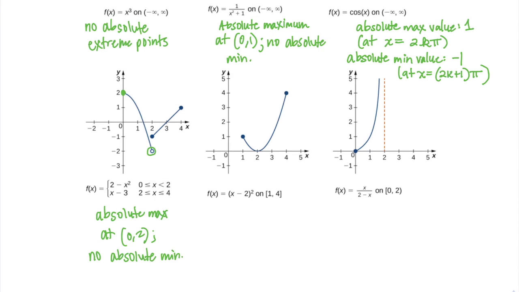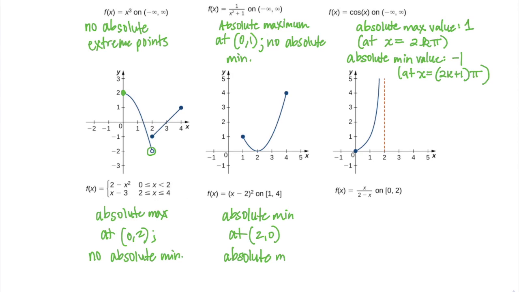Then the next one, we've got the lowest y value at 2, 0, absolute min. And there's also a highest y value up here at 4, 4. That one is higher than all the other y values on the graph.